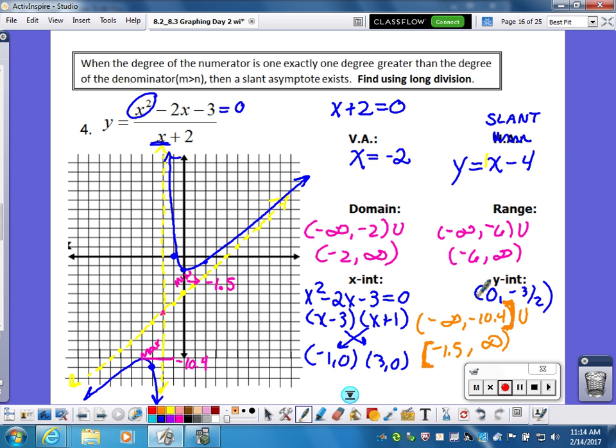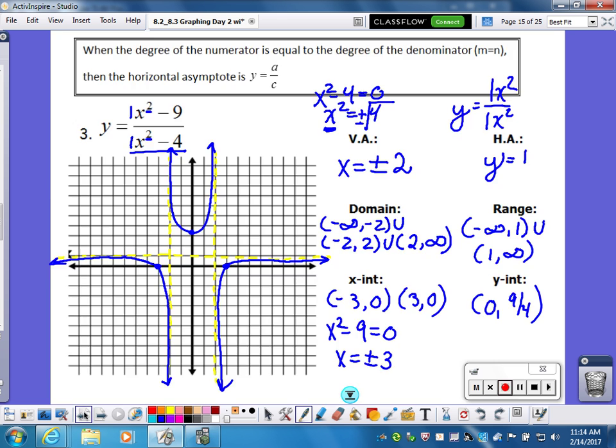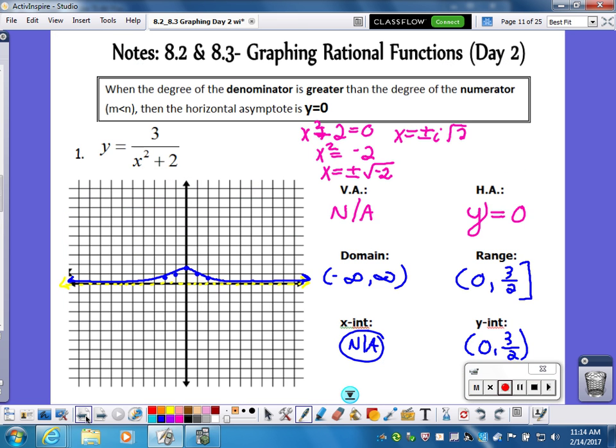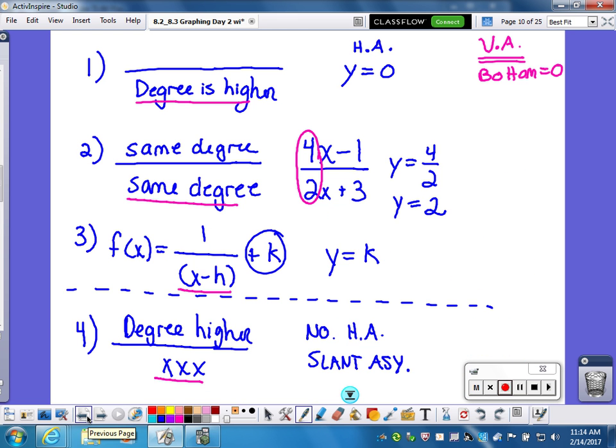All right, I do want to reference back to the very first page one more time. There are 4 situations when you're graphing a rational function. And we know something's rational because it has a fraction in it. You have a top and a bottom. If your degree is higher on the bottom, your horizontal asymptote will always be y equals 0.